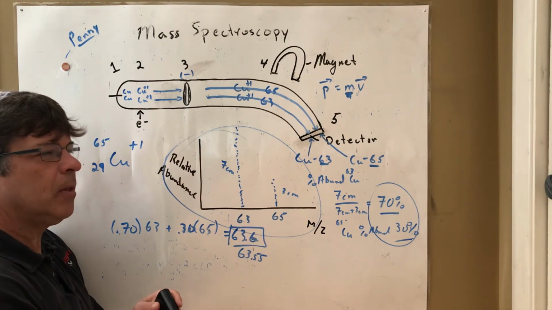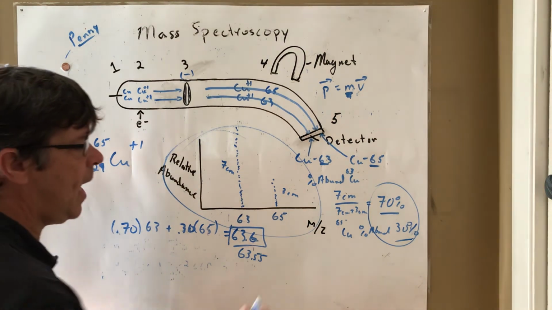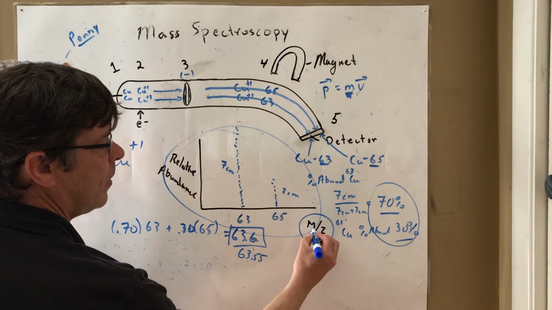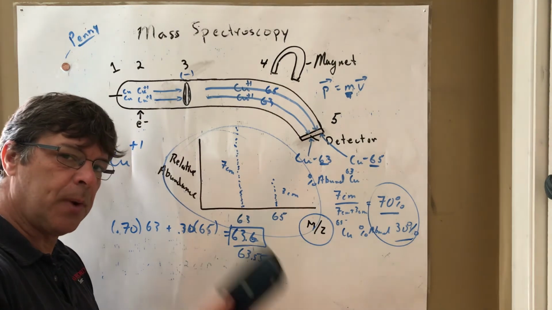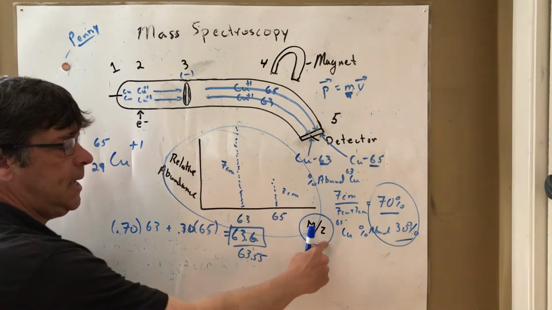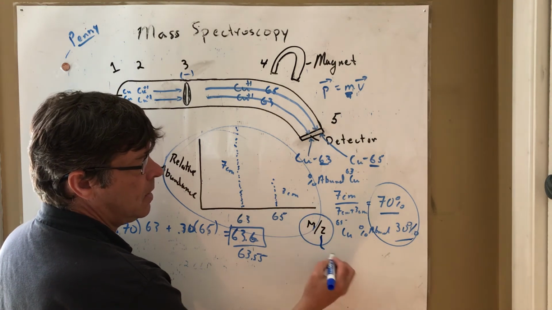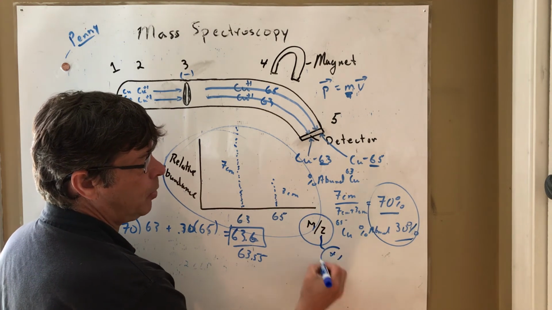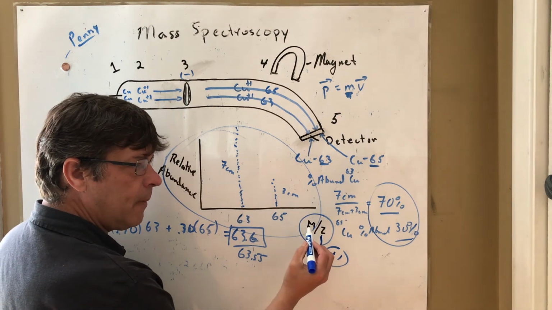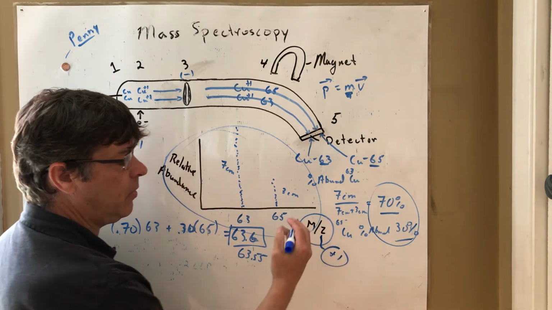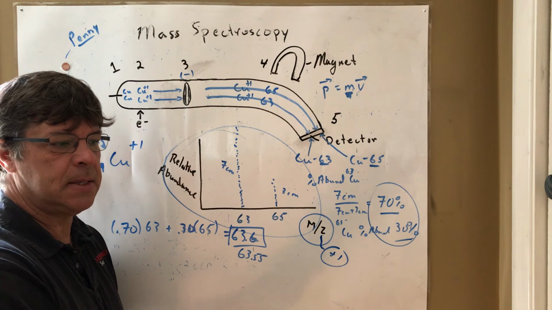I think there's something else. Oh. Hey, maybe you noticed that. That's the mass to charge ratio. Z is the charge. So what we're doing here is just assuming that the Z is +1. That's pretty common. So the mass to charge ratio is just simply the mass.